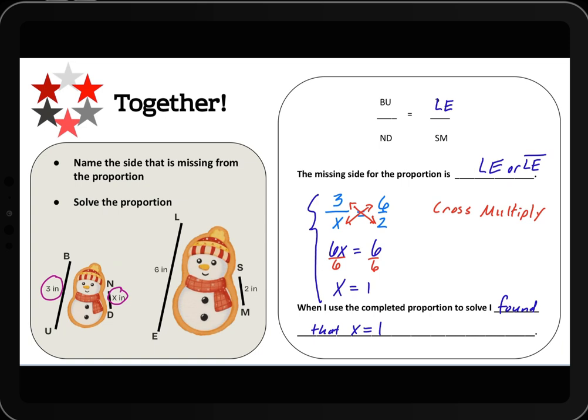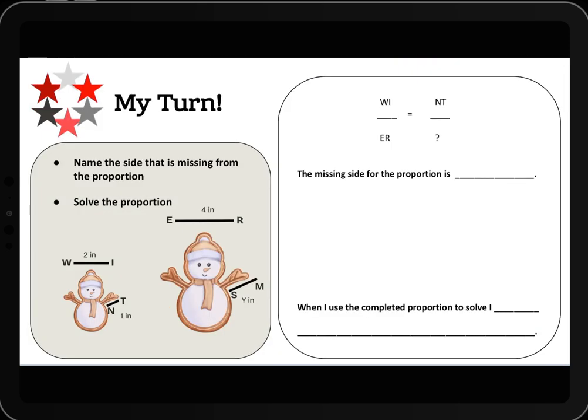Here's another one. More snowmen. We have to love the snowman cookies that we're baking. We want to look at the proportion that is incomplete. We are missing this denominator. They are taking NT and dividing it by, well, let's pay attention to what they've done.